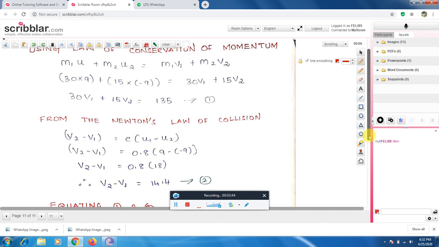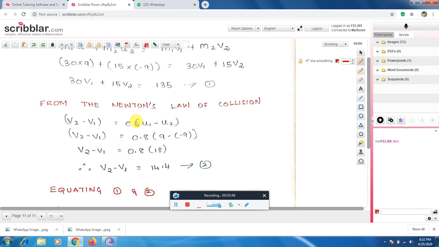And now we are going to use Newton's law of collision, that is v2 minus v1, the velocity after impact, is equal to e into u1 minus u2, the velocity before impact.